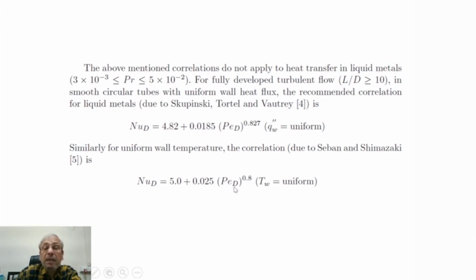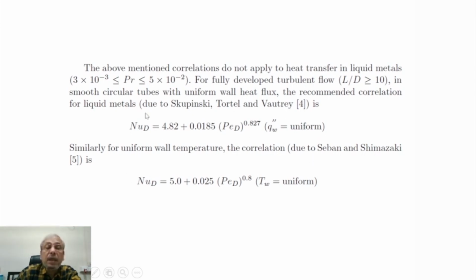So Peclet number based on tube diameter to the power 0.8. So here Peclet number to the power 0.827, and here it is Peclet number to the power 0.8. And this is for uniform wall temperature condition, and this is for uniform wall heat flux condition.